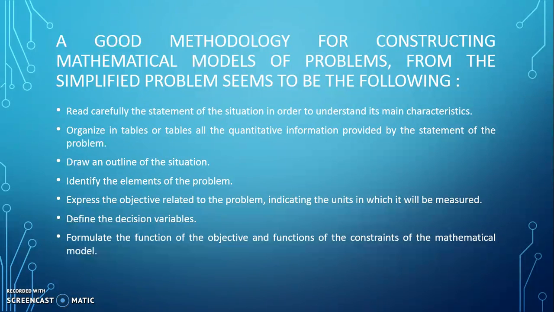Draw an outline of the situation. Identify the elements of the problem. Express the objective related to the problem, indicating the unit in which it will be measured. Define the decision variables. Formulate the objective function and the constraint functions of the mathematical model.